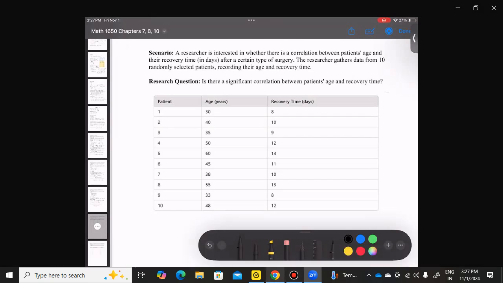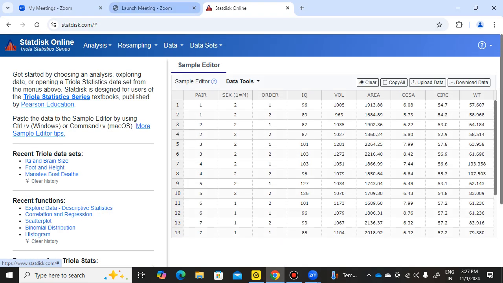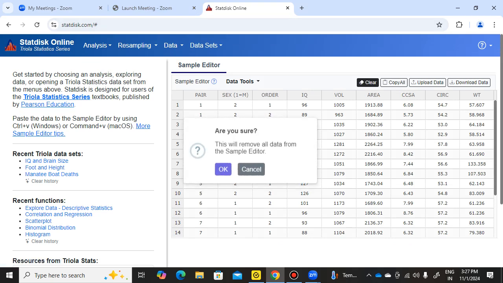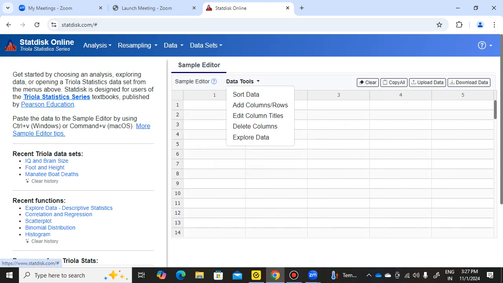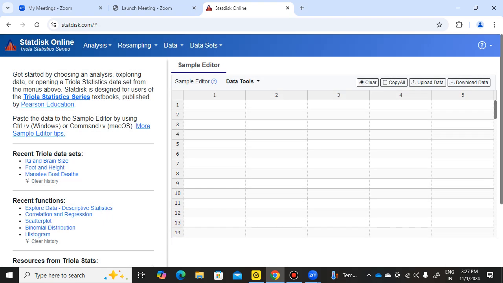All right, so let's get the data in. Clear this. Try this again with the title. See if I can get it to finally work. Age. If not, oh well. Recovery. Oh, still didn't come up.